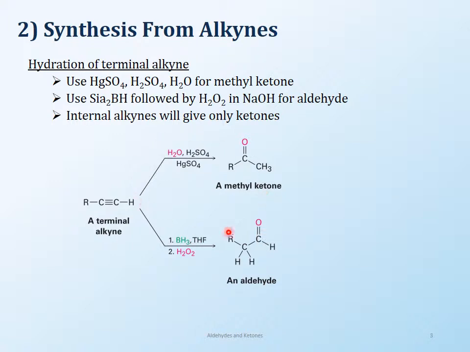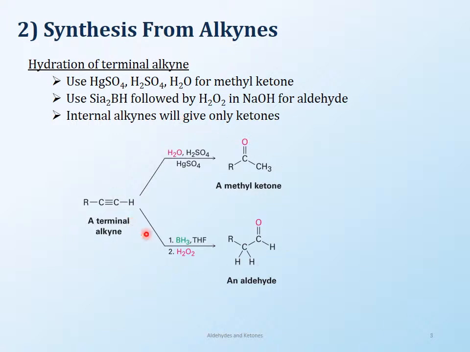This reaction is very similar to what you did back in the alkenes reaction for hydration. If you just use the mercury reagent and treat it with alkene, you will get Markovnikov addition and you get internal alcohol. And if you do a hydroboration of an alkene, of a terminal alkene, then you end up getting alcohol as a primary alcohol, or you would get the anti-Markovnikov product.